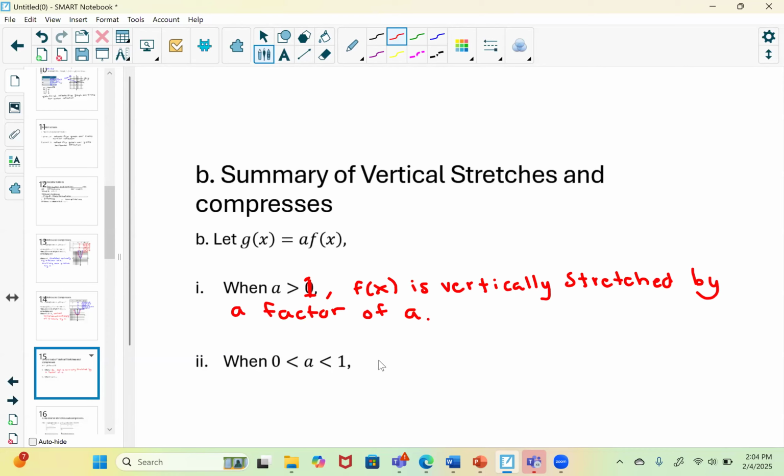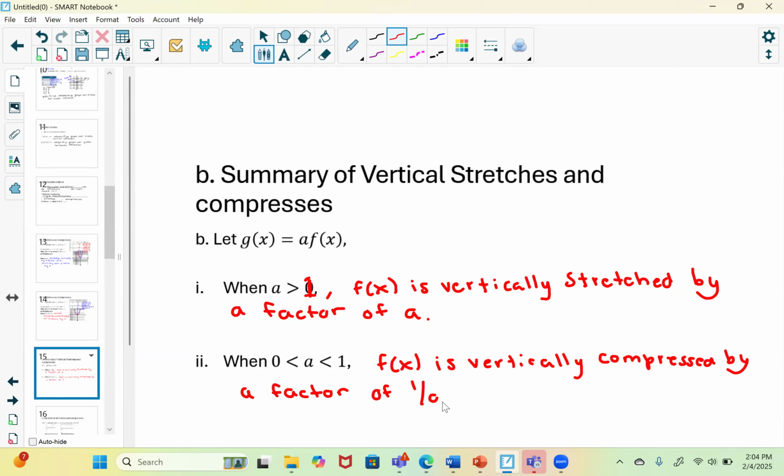And if it's from 0 to 1, we call that a compression, f of x is vertically compressed by a factor of 1 over A.